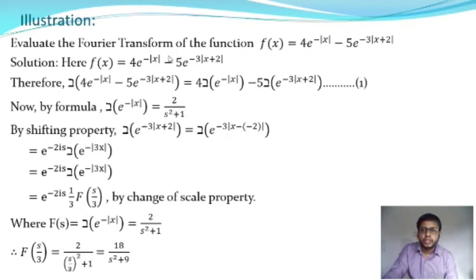Now applying the Fourier transformation for that function, it will give F of 4 into e to the power minus mod x, minus 5 into e to the power minus 3 into mod of x plus 2.